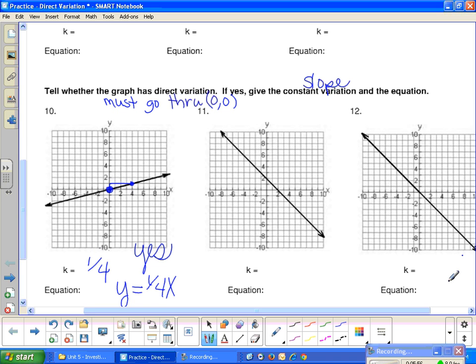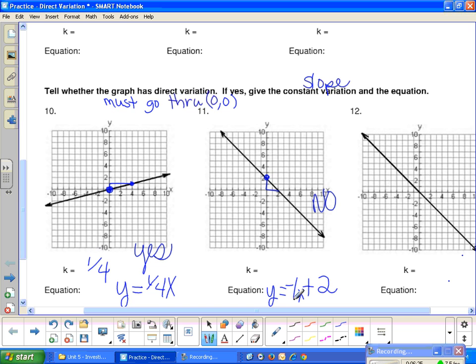What about 11? Yes or no? No. Can I write an equation? Yes. Where's it cross the y-axis? Two. So it crosses at 2. What's your slope? Is it down 2 over 2?